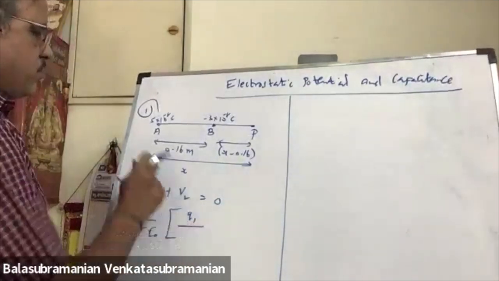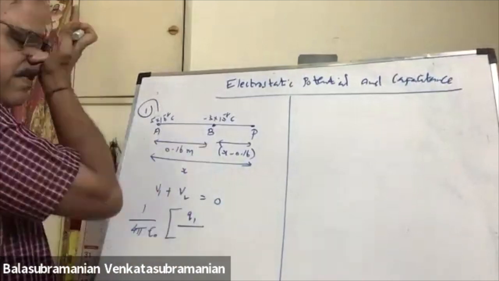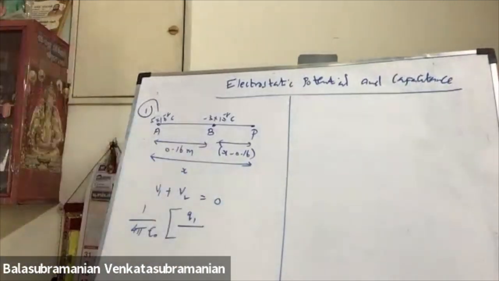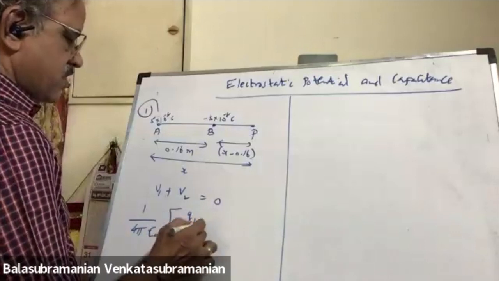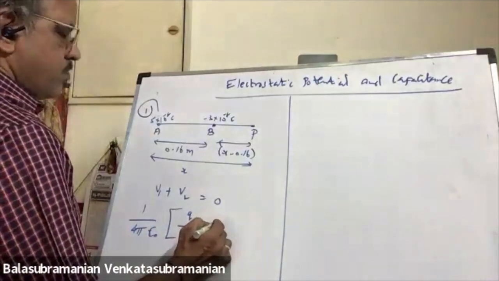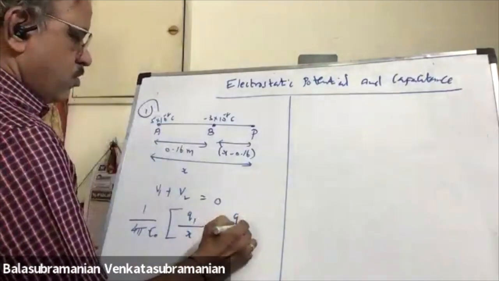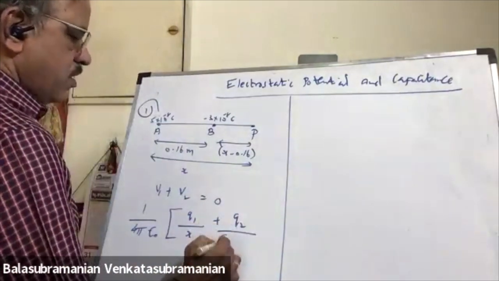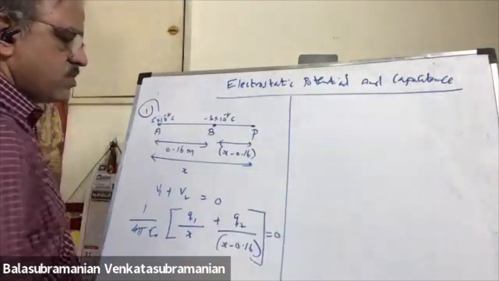Q1 by x plus Q2 by x minus 0.16 is equal to 0.